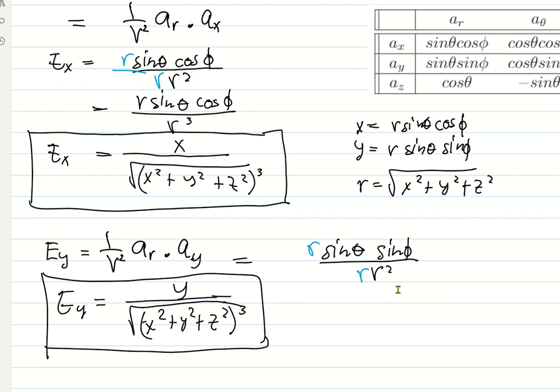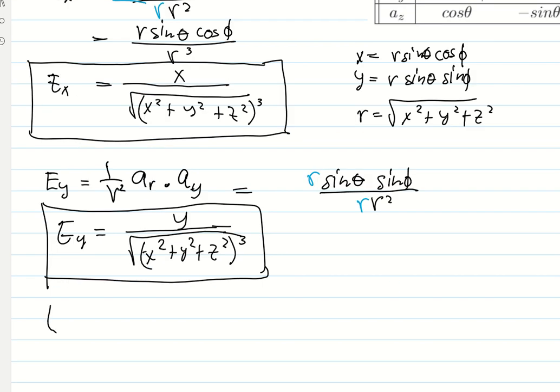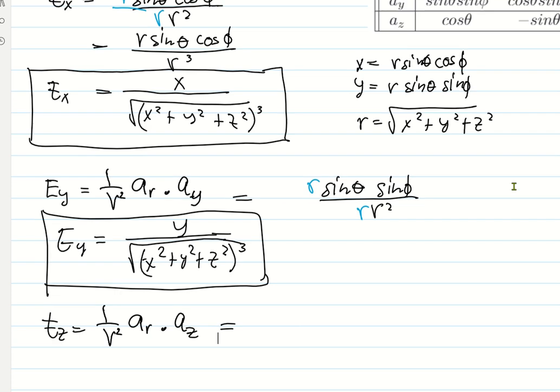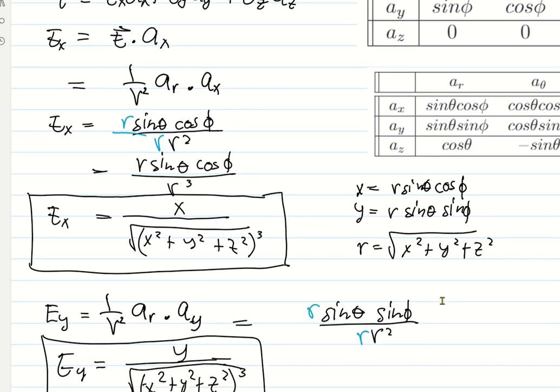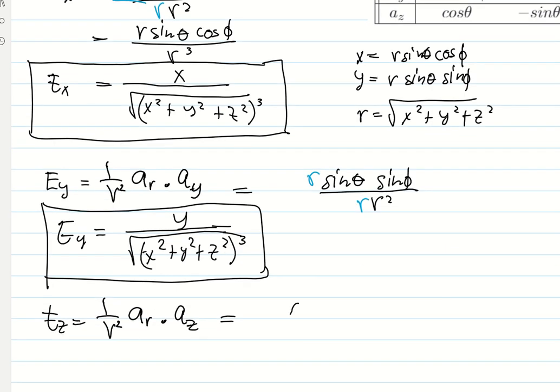And lastly for E_z, repeat this again. Instead of a_y, we use a_z. And what is a_r dot a_z? a_r dot a_z is just cosine theta. So here we have cosine of theta all over r squared. And again, we multiply it by r. What is r cosine of theta?